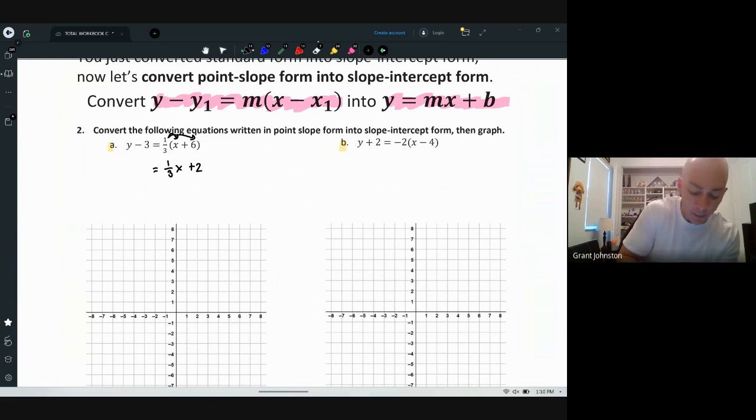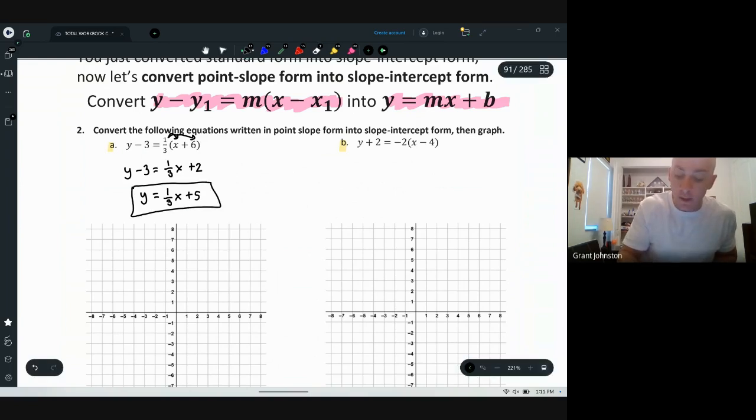And I still have the y minus 3 over here. And then my last step, remember, I'm trying to get into y equals mx plus b. I'm trying to get the y variable isolated by itself. So all I have to do is add 3 to both sides because it says y minus 3. So I'm going to add 3 to isolate y. That would add to the 2, so it'd be 5.